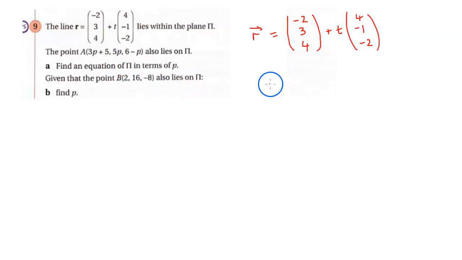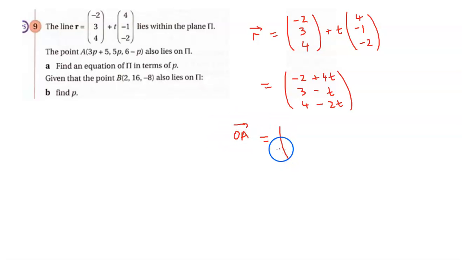Let's write this as (-2 + 4t, 3 - t, 4 - 2t). And the position vector OA is equal to (3p + 5, 5p, 6 - p).